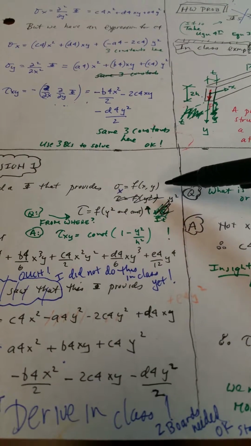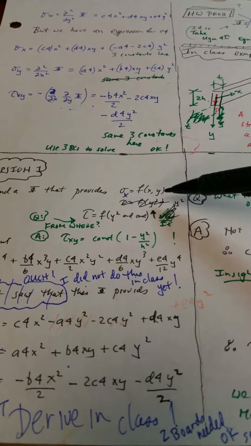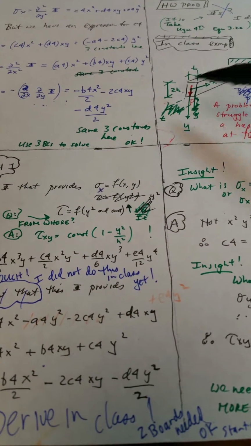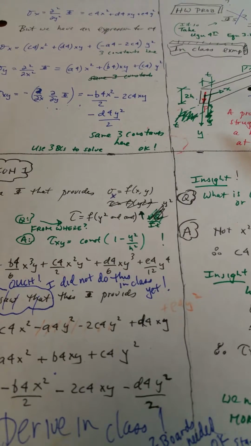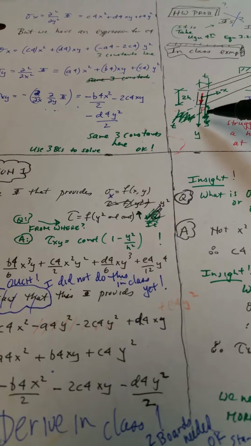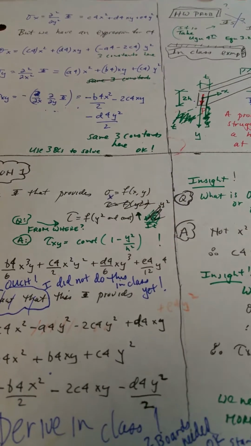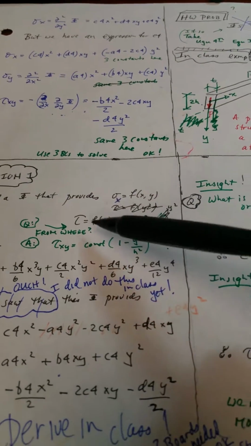Why is sigma x a function of x and y? It's not a function of x squared or y squared in this problem, because sigma is M y over I, and M is P times x. So it's only a function of x and y.